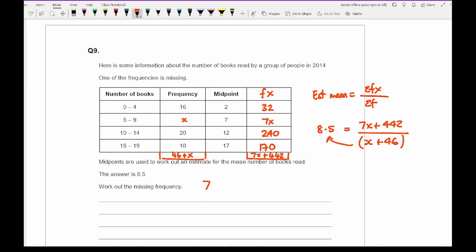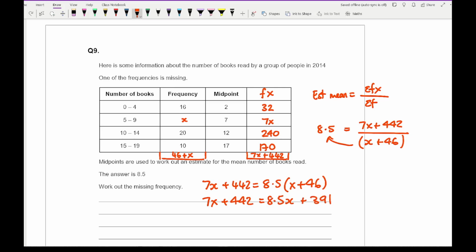So what I end up with is 7x plus 442, don't forget that, equals 8.5 bracket x plus 46. Then if I expand the brackets, I end up with 7x plus 442 equals 8.5x plus 8.5 times 46, which is 391.